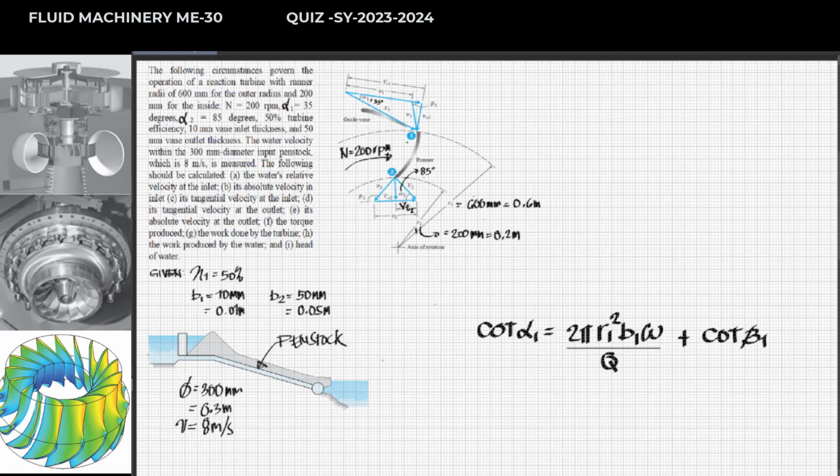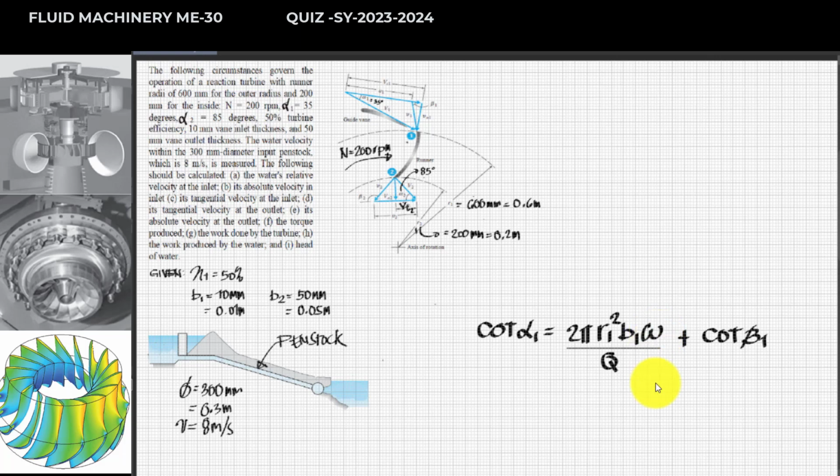Now, if we examine this equation, what is given in the problem is that we have the value of cotangent alpha, we have the radius, we have the thickness of the vane, and the angular velocity can be computed from the equation 2 pi n.